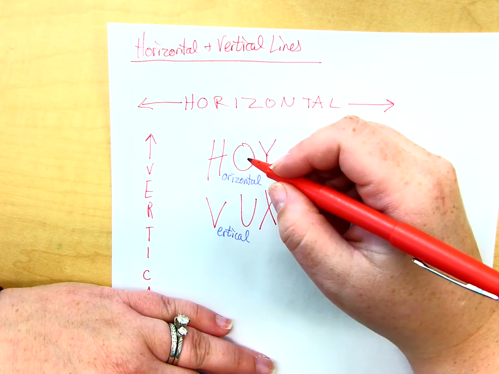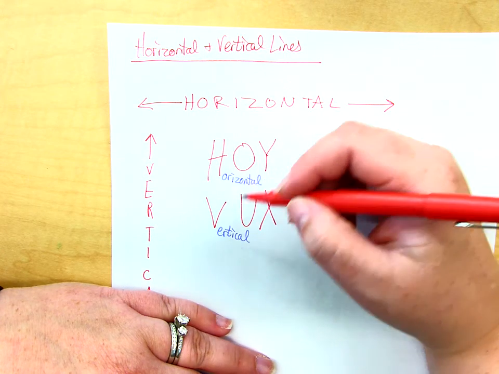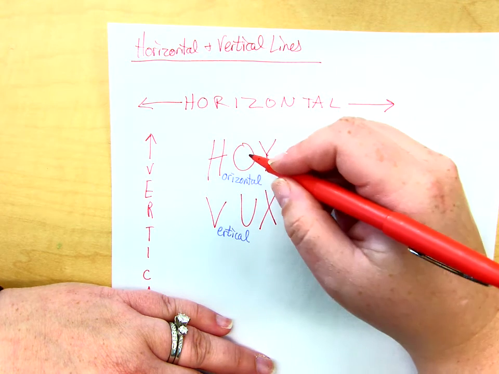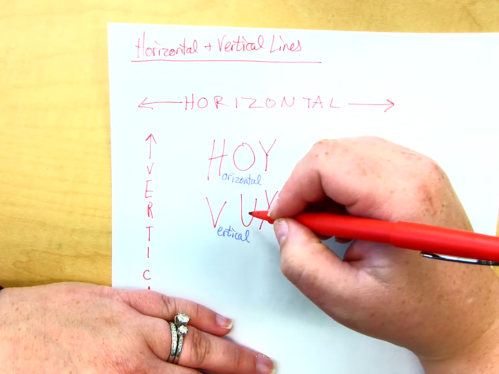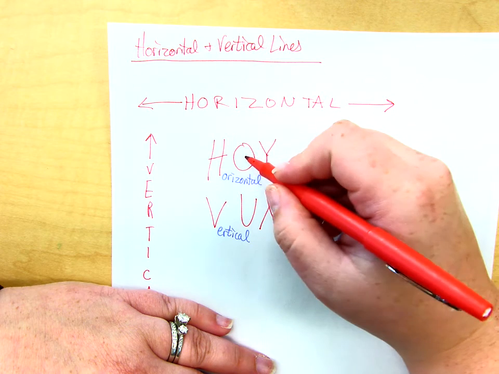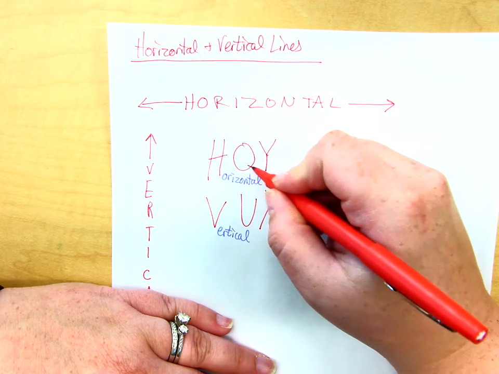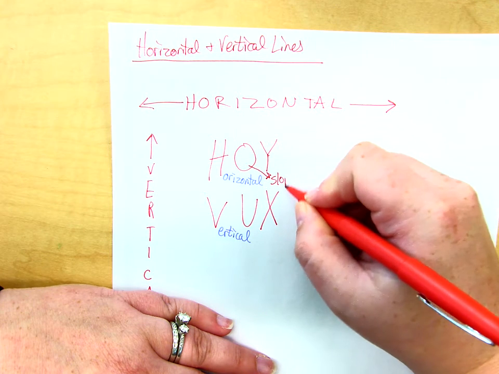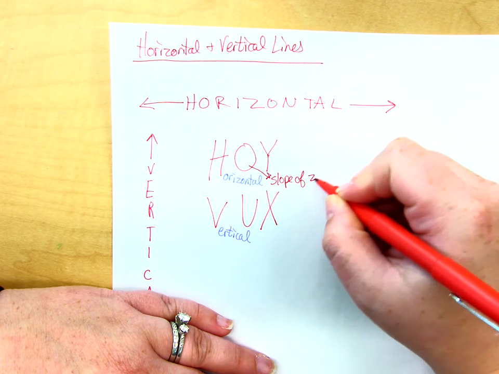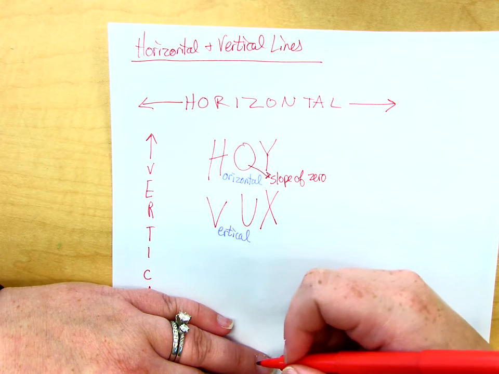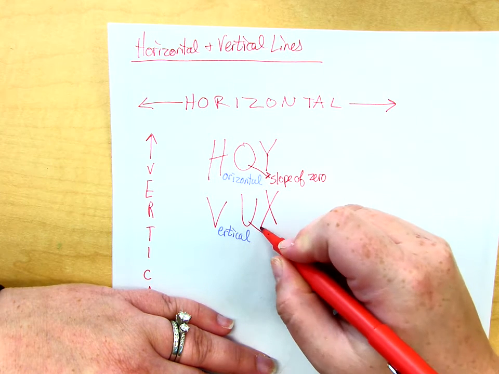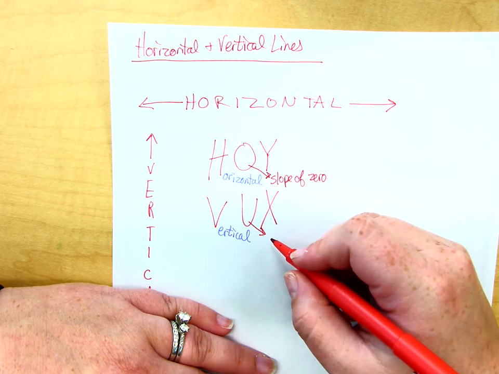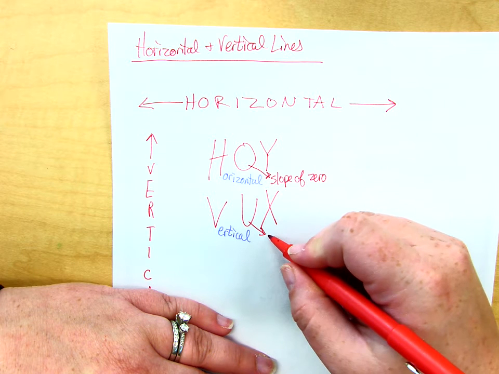So the first letter tells you which type of line you're dealing with, horizontal or vertical. The next letter gives you the slope. That's a slope of 0. So that's not really an O, it's really a 0. So slope of 0. The U must be slope of undefined, right?